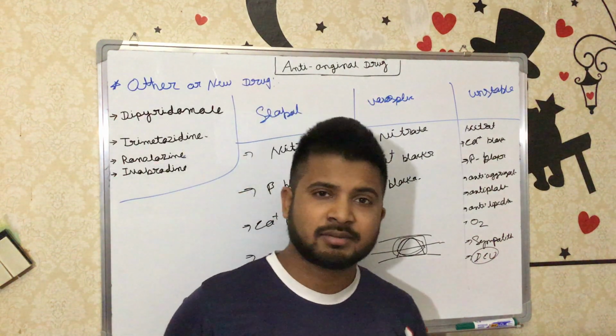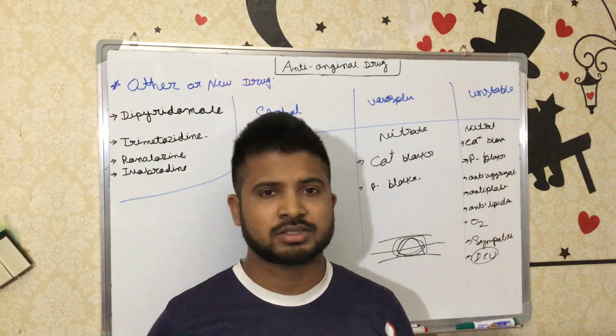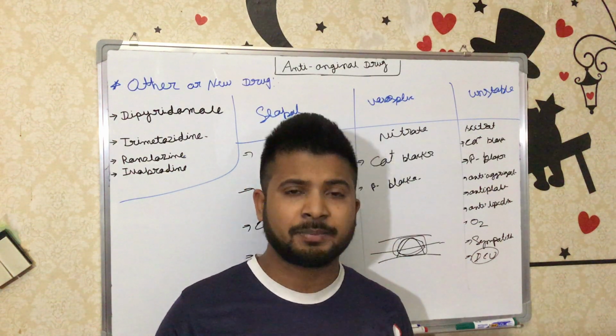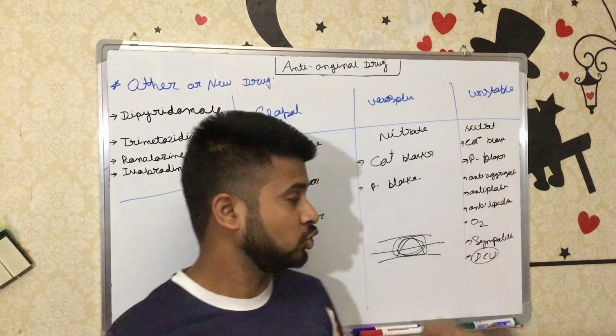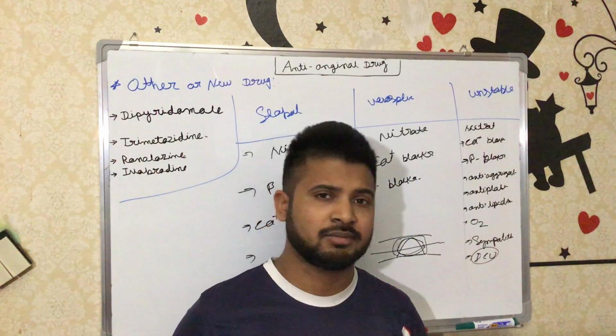So unstable angina we can just prevent for 2 days, 3 days, or a month, for the prevention of the next attack. But before that we have to do surgery, bypass surgery or angioplasty. That is mainly for unstable angina.